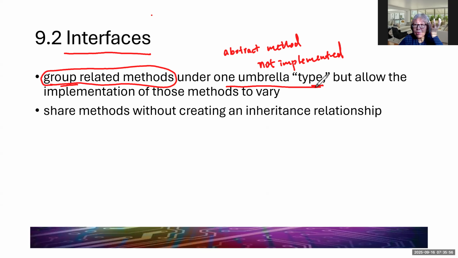So it's a group of operations, behaviors that are related, and you want to group them together under one umbrella type, and allow the implementation of those methods to vary. So it provides polymorphism.